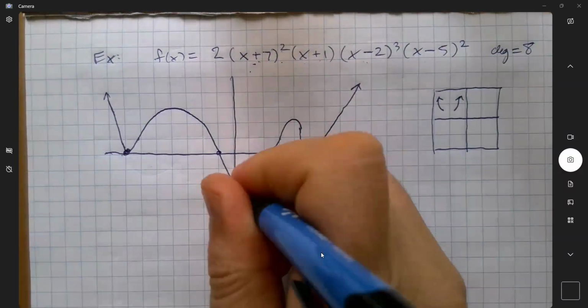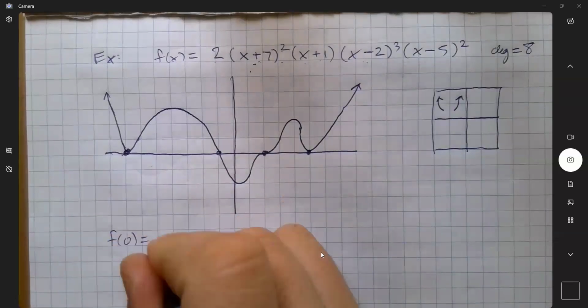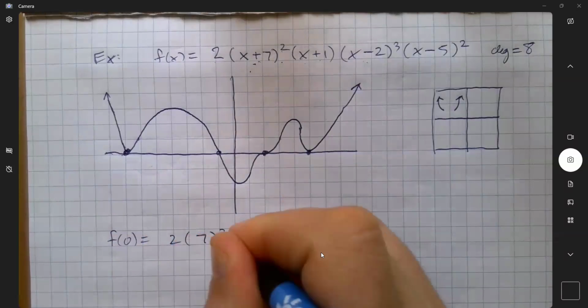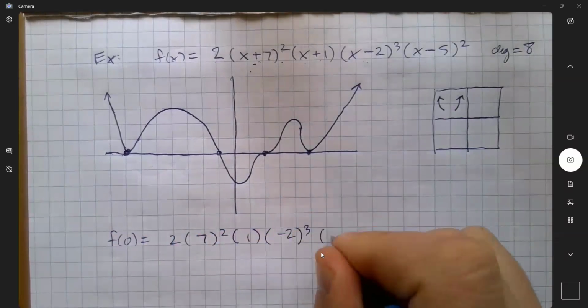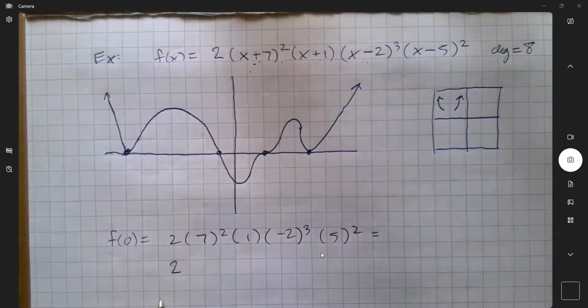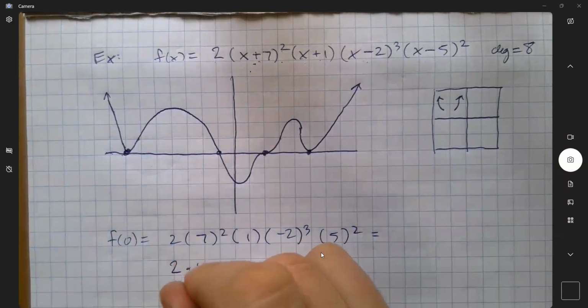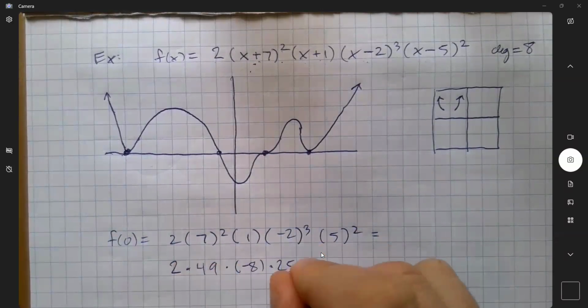And now let's get our y-intercept. Let's find that point. So we're just going to do f of 0, 2 times 7 squared times 1 times -2 cubed times 5 squared. Well, it's going to end up being a really big number, but remember our vertical scale is not so important. 2 times 49 times -8 times 25.